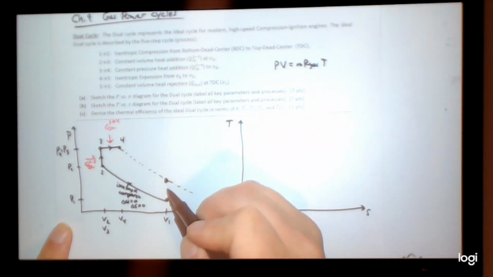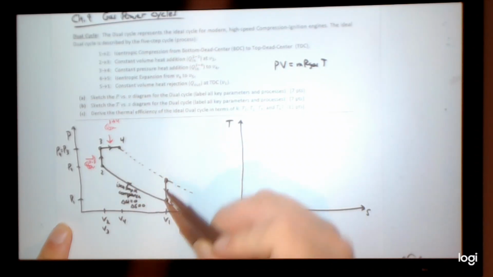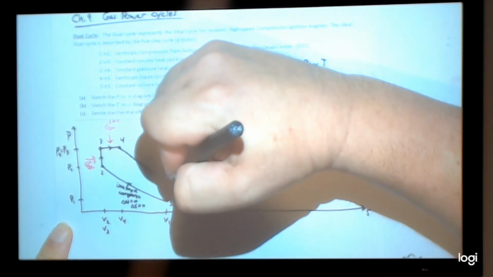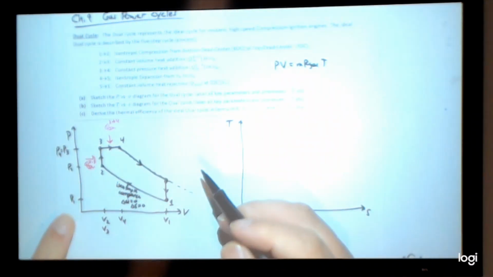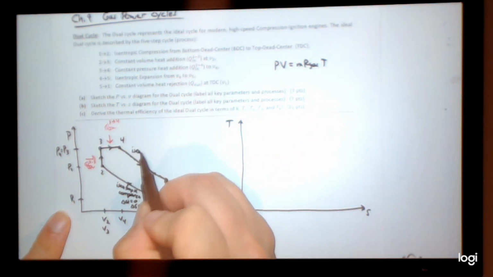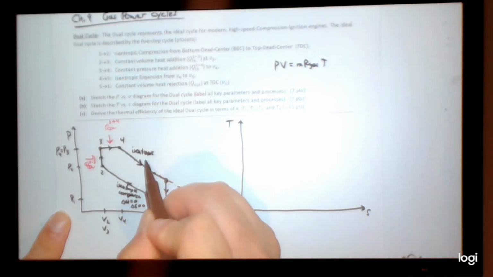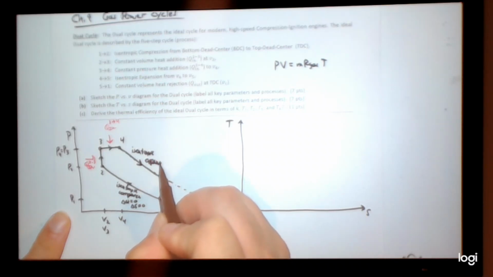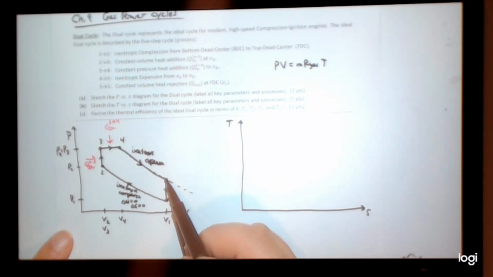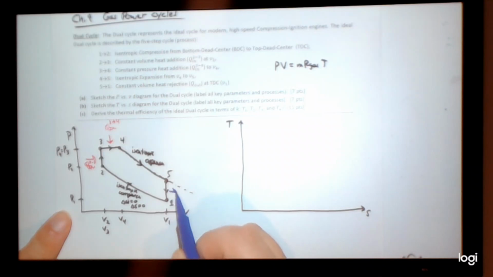And I know I have to end the constant volume heat rejection, so I have to have something like this. So now I have isentropic expansion, and then 5 to 1, I got some Q out, 5 to 1.